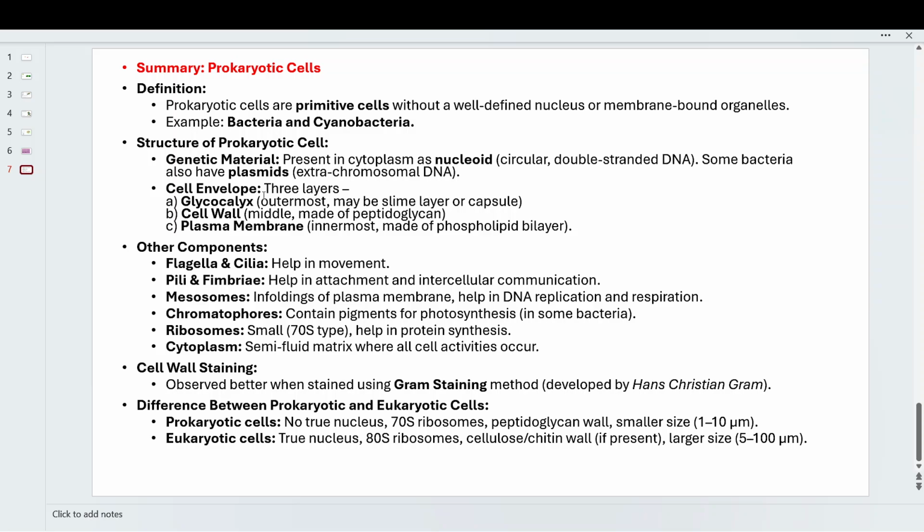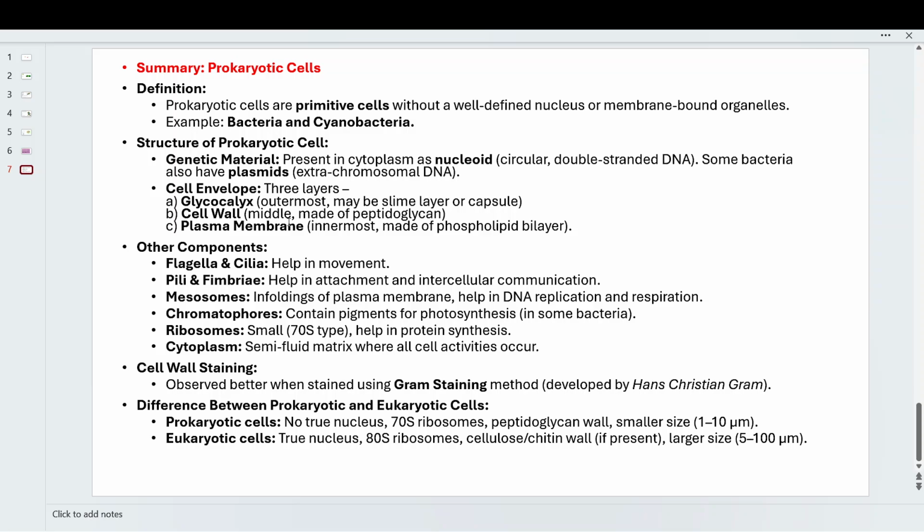So let's summarize what we learned in this topic. Basically, prokaryotic cells are simpler and smaller, but they carry out all essential life functions.